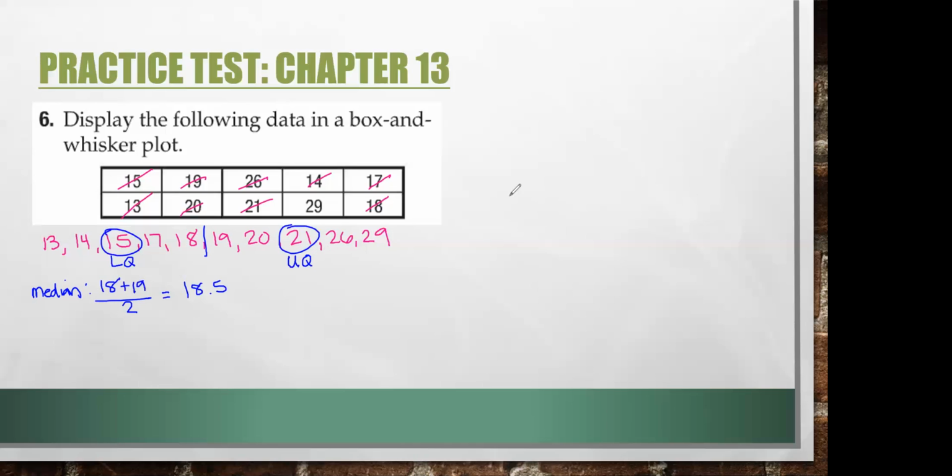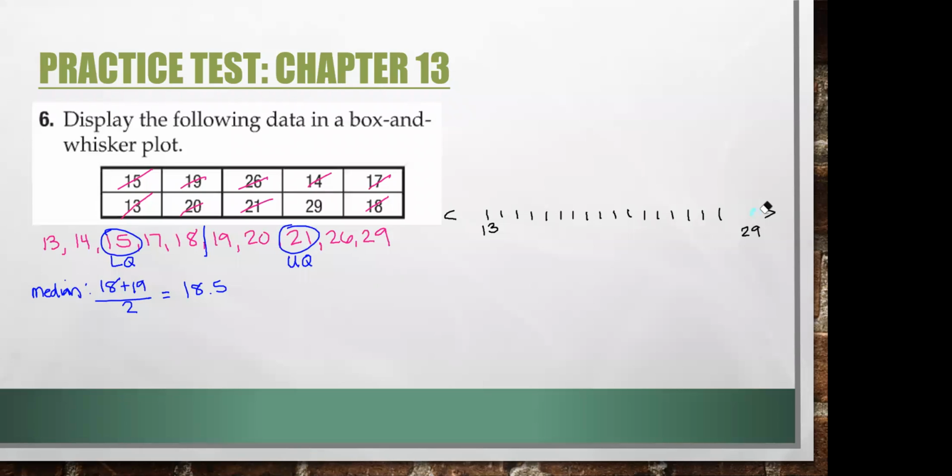Okay, so when I make my box and whisker plot, I start off with a number line, and my lowest value is going to be at 13. Highest value is going to be at 29. Okay, so I have 13, 14, 15, 20, 21, 22, 23, 24, 26, 27, 28, 29.